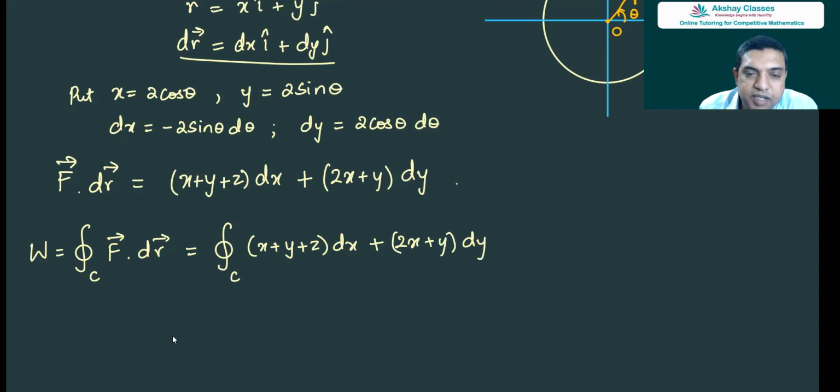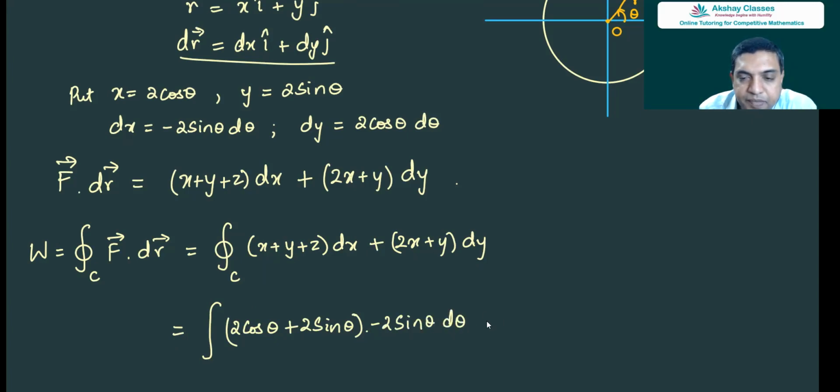Now, to get a common limit of integration and so on, we can substitute x equal to 2 cos theta, y is 2 sin theta, z is 0, times dx which is minus 2 sin theta d theta, plus 2x, that is 4 cos theta, plus 2 sin theta, times dy, 2 cos theta d theta.